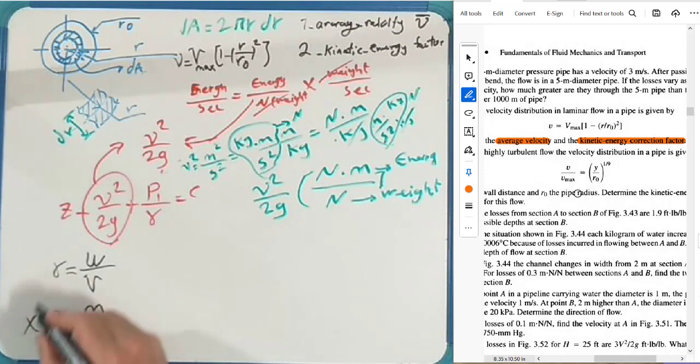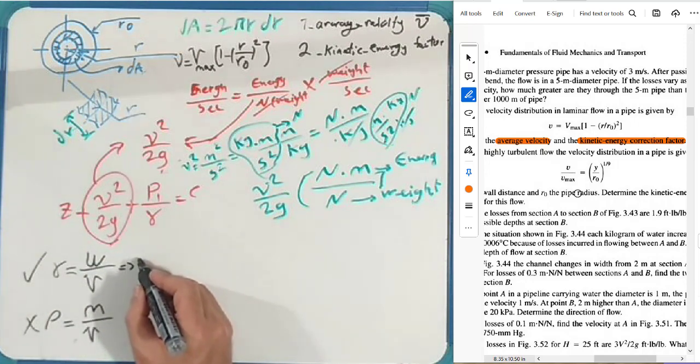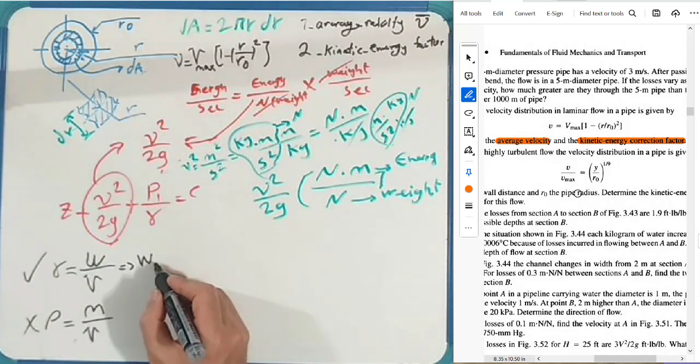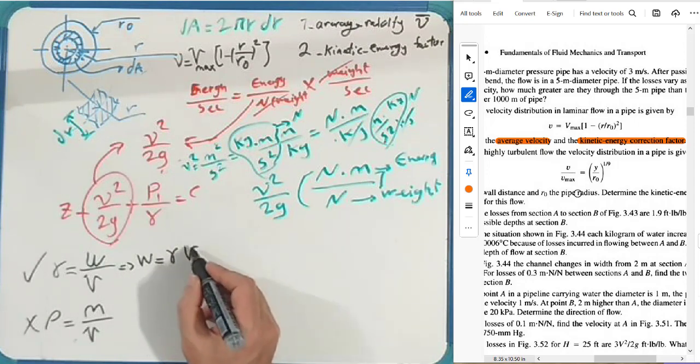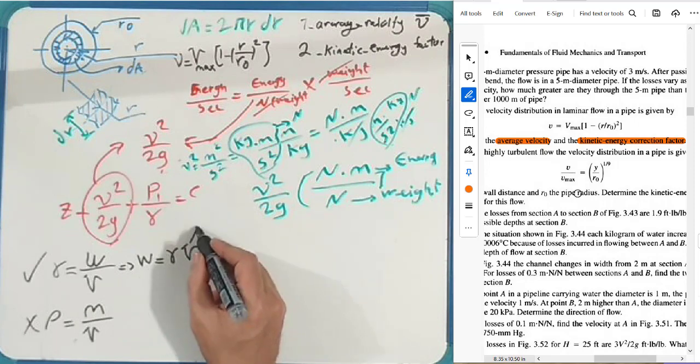I don't need that one, I need this one. I can write it in this way: W, as weight, equals gamma times v, v as volume.